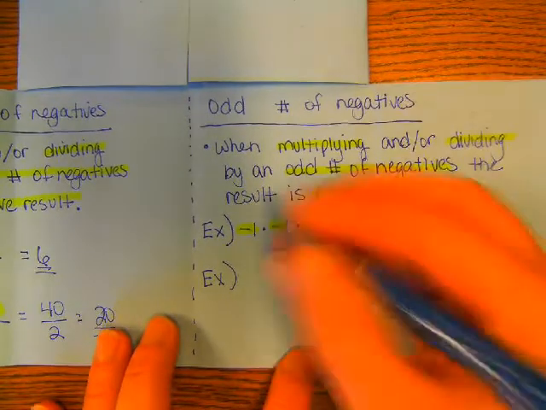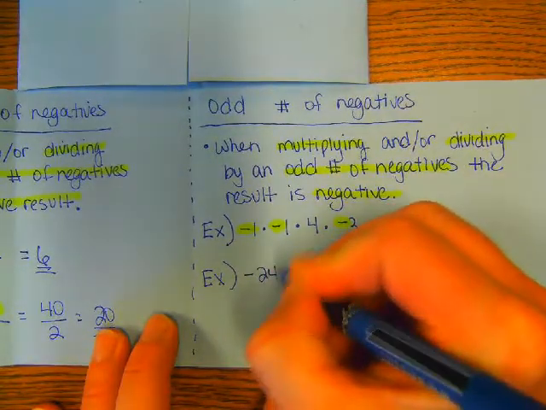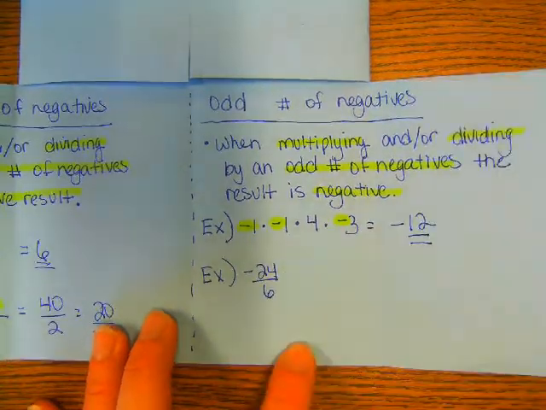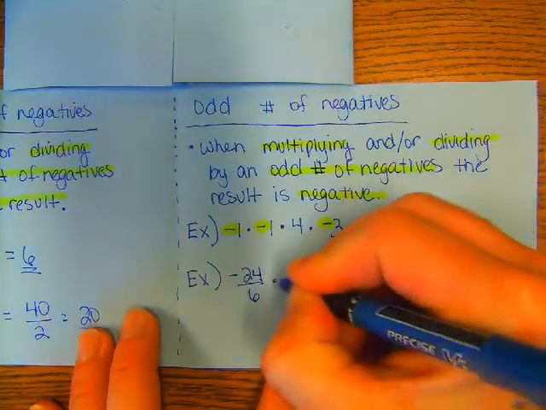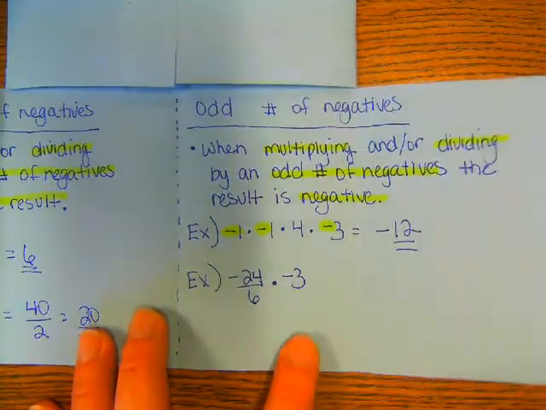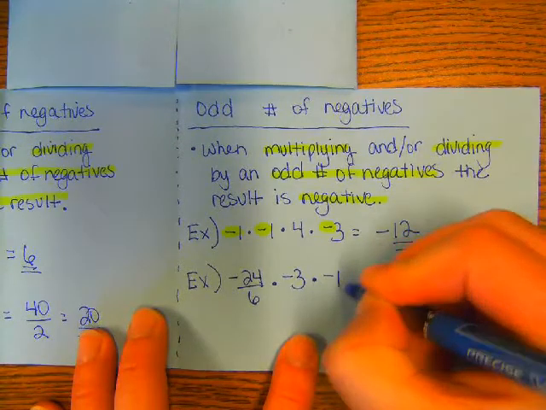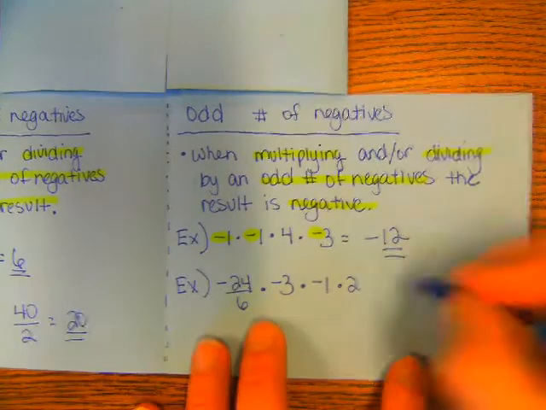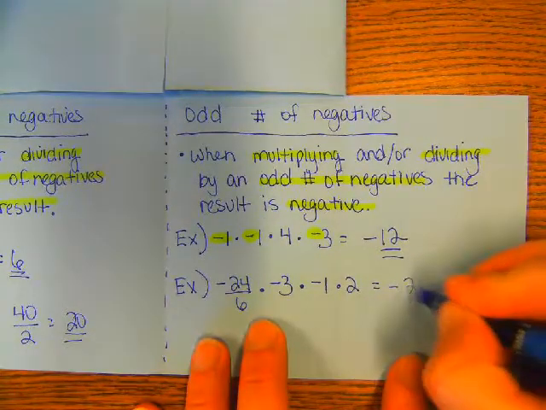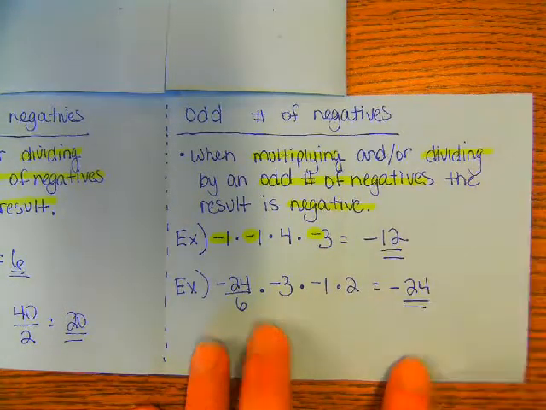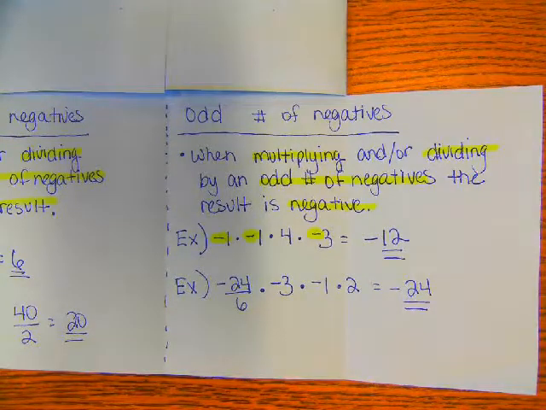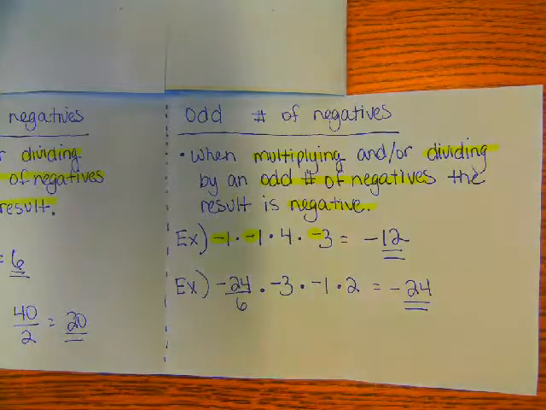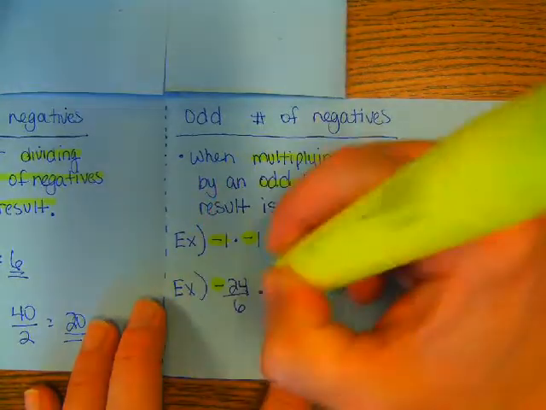All right, so negative 24 over 6 times negative 3 times negative 1 times 2 equals negative 24. How did I get that? Well, I'm going to highlight again.